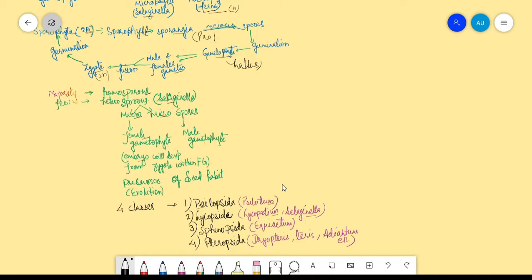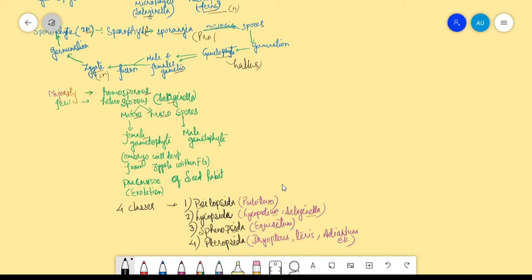The third class is Sphenopsida, example is Equisetum, a type of horsetail. The fourth class is Pteropsida, and it exhibits different types of ferns, for example Dryopteris, Pteris, Adiantum, etc., which are used as ornamental plants.